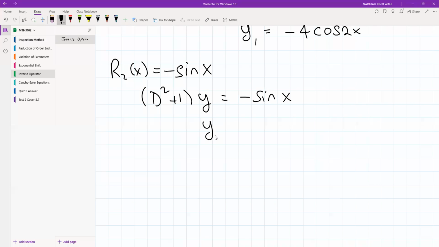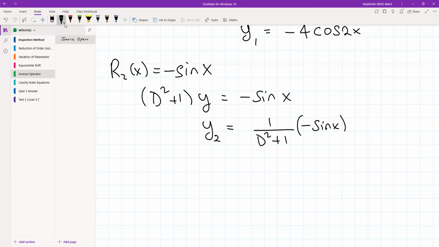So y particular on the second right hand side adalah minus 1 over, saya nak minus kat dalam sin. Okay, d squared plus 1 of minus sin x.